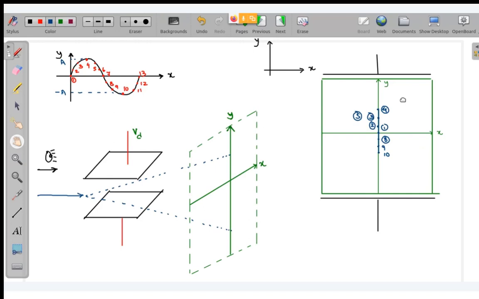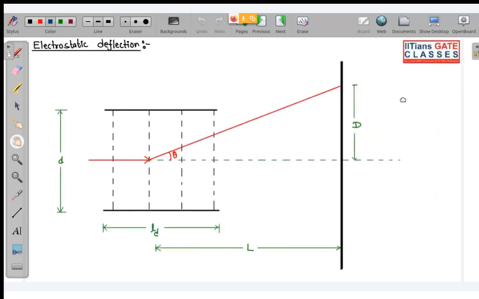See, if you have understood this part, then this electrostatic deflection will be very simple now.